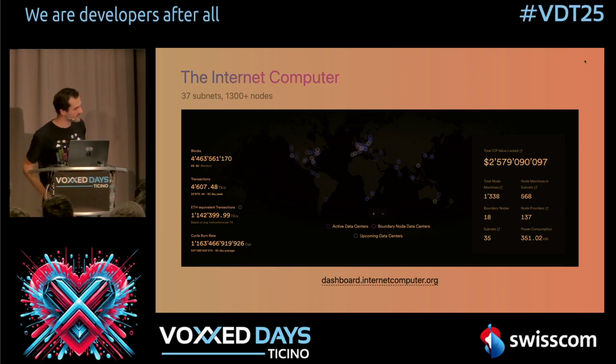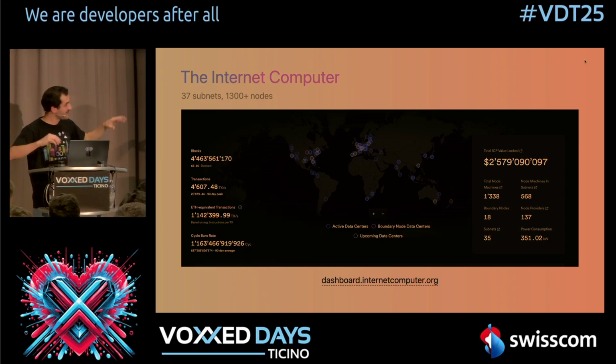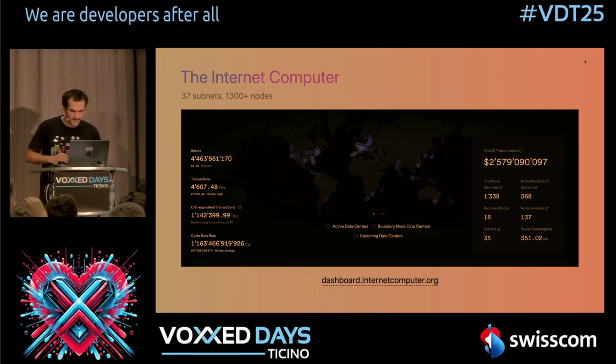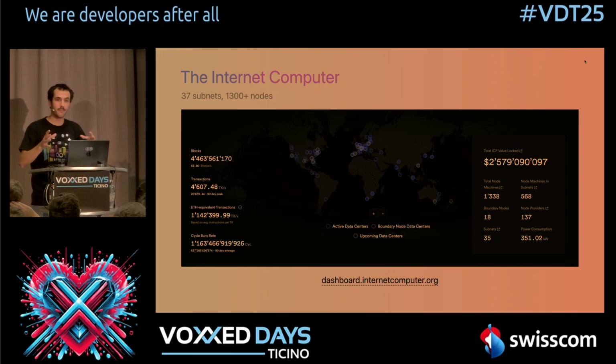You cannot see so much, but this is the map of the world. So you can imagine that the nodes are all over the world, basically. And so this is the infrastructure on top of which we can build our canisters and our applications.